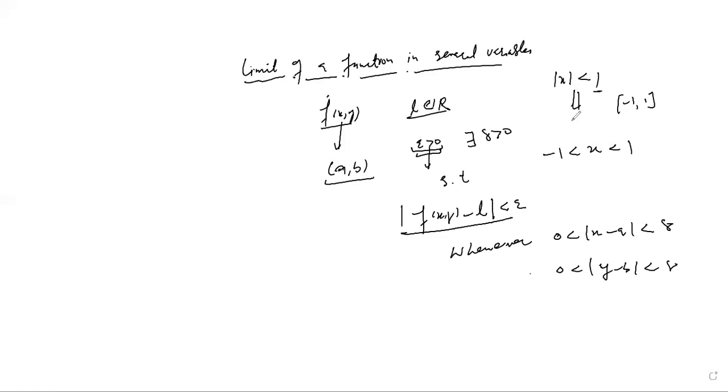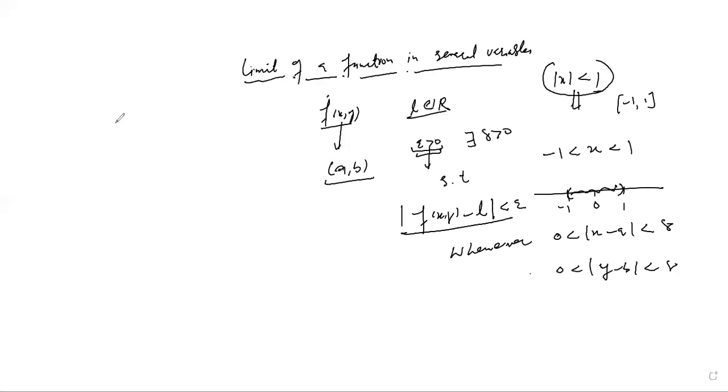So this is the definition of modulus. This is the real line, and this is -1, this is 0 and this is 1. So if this condition holds, it means that you can take any value of x between -1 and 1, but excluding -1 and 1. If you choose any one value in this interval, then this output is always less than 1.